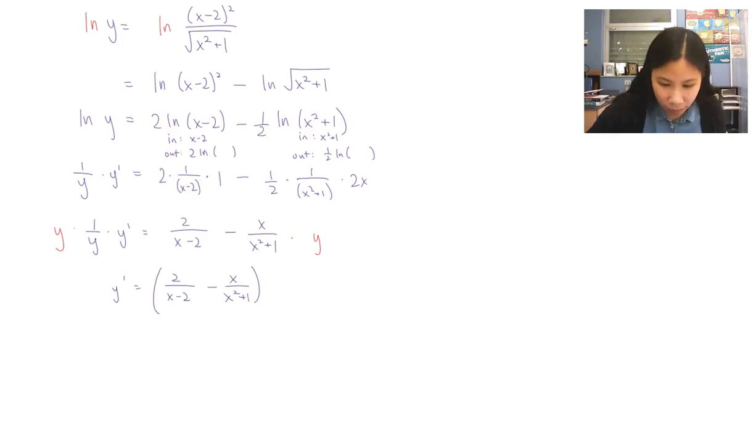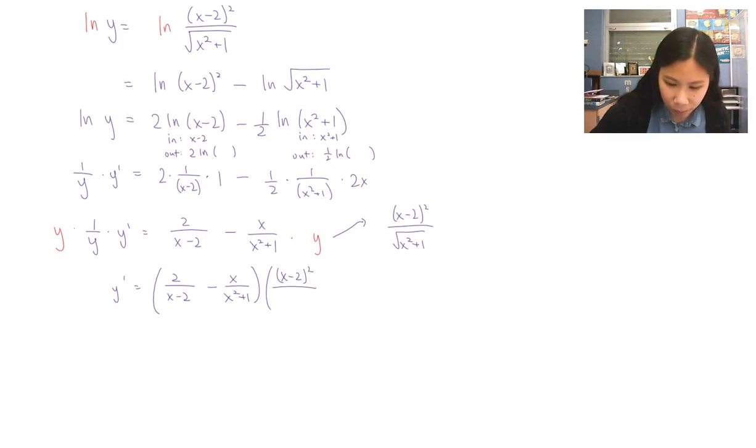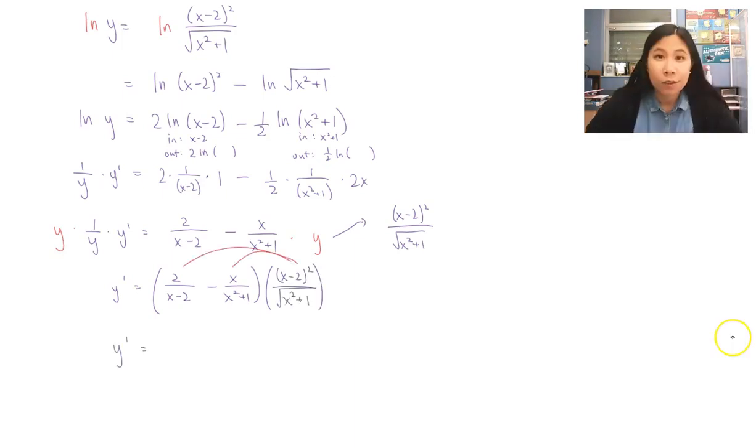And y, if we think back to the original problem, was x minus 2 squared over the square root of x squared plus 1. So I'm actually going to plug that in for y. So simplifying this out, I'm going to distribute my y into both of the fractions that I had.